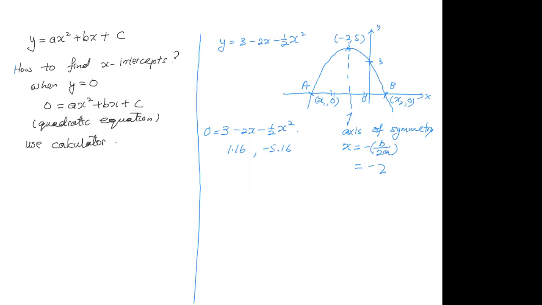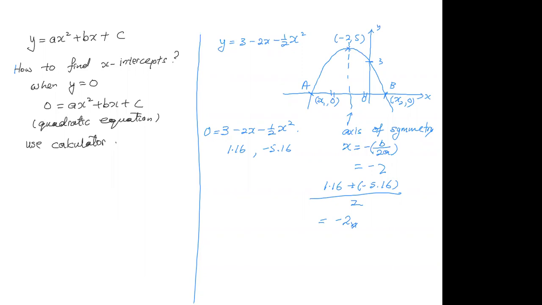So you see, I add these two values up, the axis of symmetry is the midpoint of the x-intercepts. Is it correct? Is it -2? So this is another fact that you have to remember.